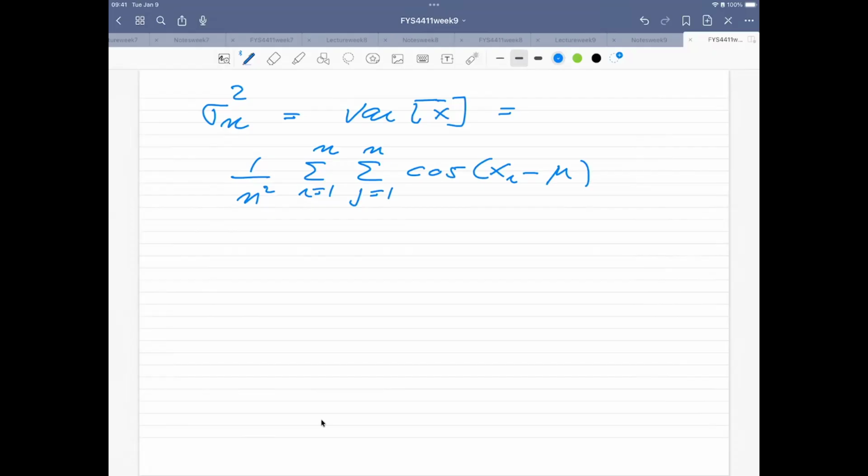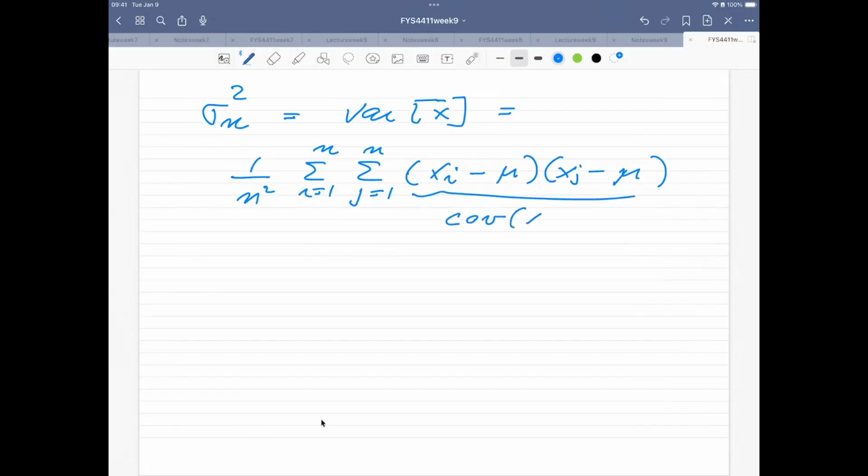Let me write it fully out here: x of i minus this mu, the mean value, times x of j minus mu. And this quantity which you see here is normally called the covariance between xi and xj.